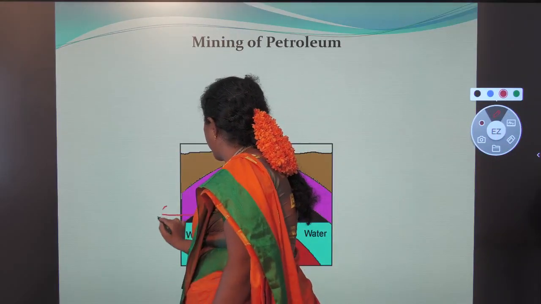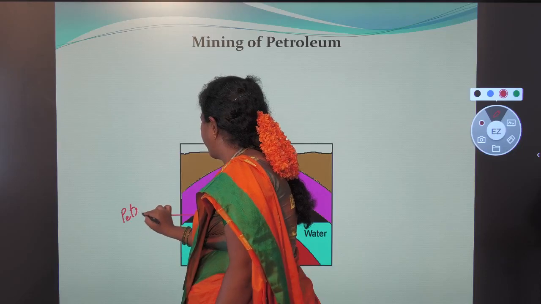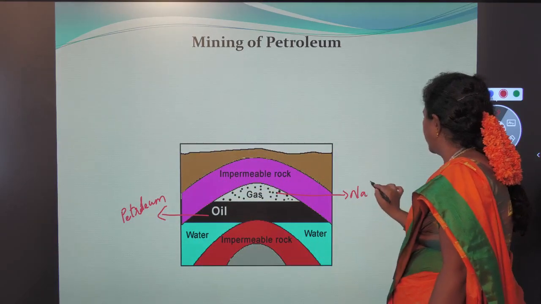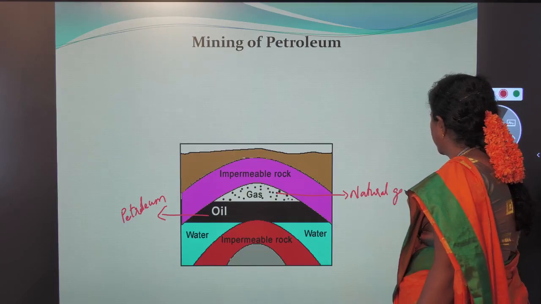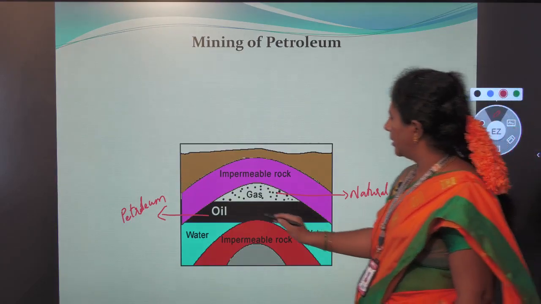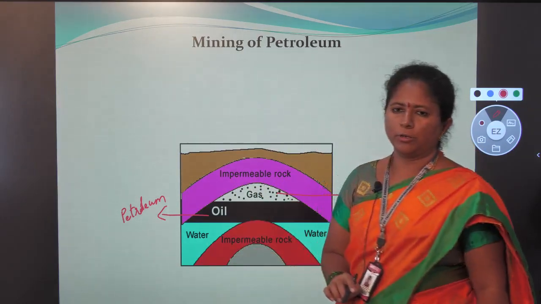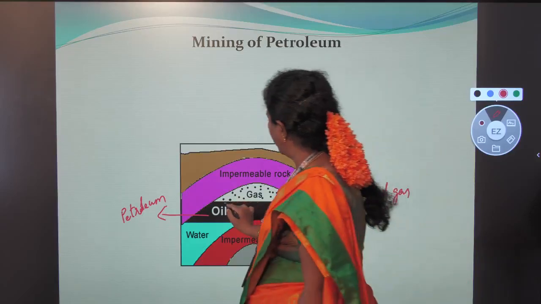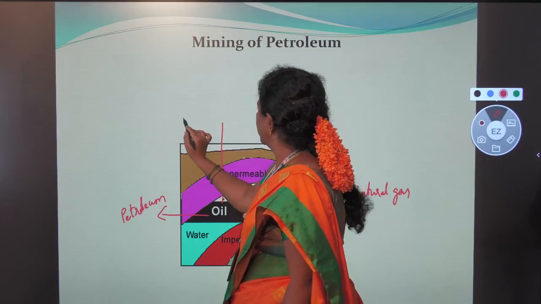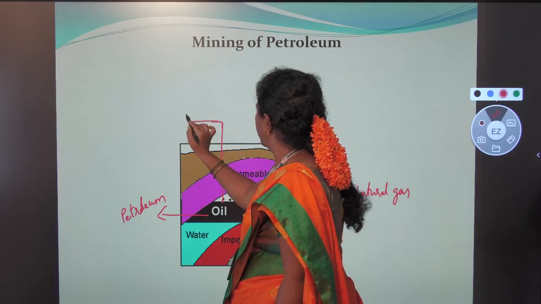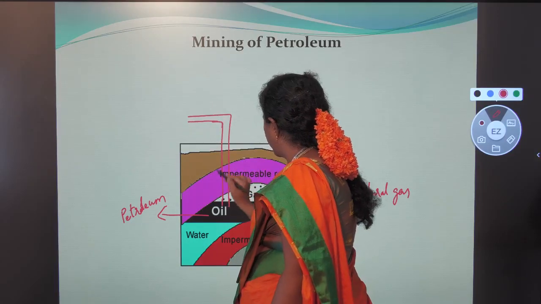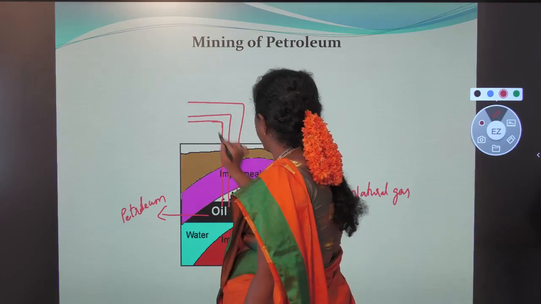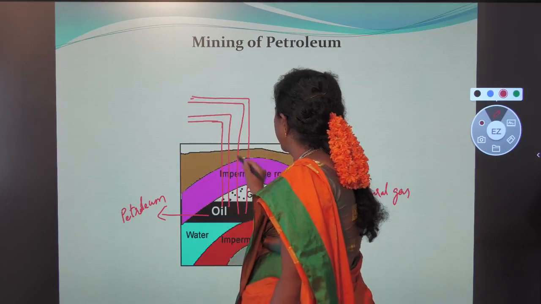So here what I said, the oil is nothing but petroleum, and this is natural gas. This petroleum is formed under the impermeable rock. Now this petroleum can be obtained by digging oil wells. And how these oil wells will be dug means by passing compressed air.